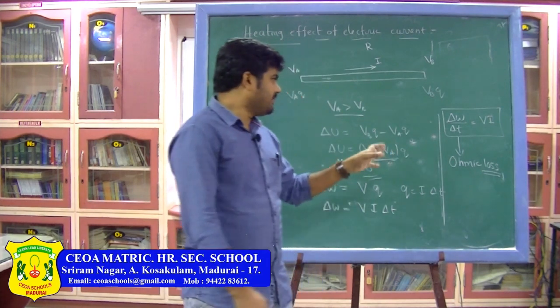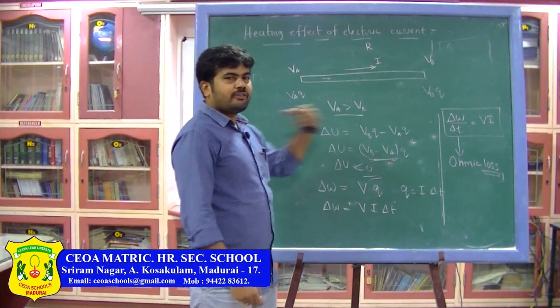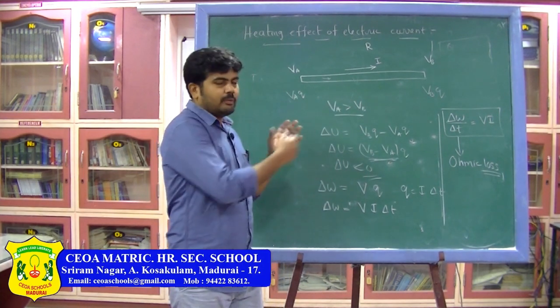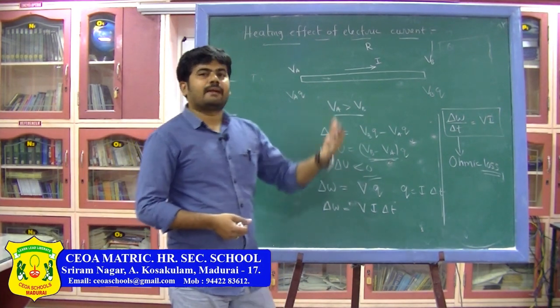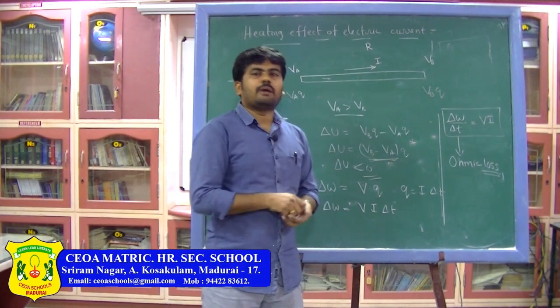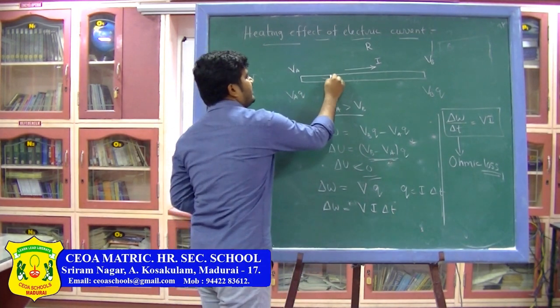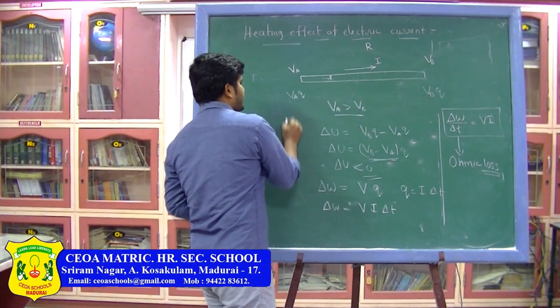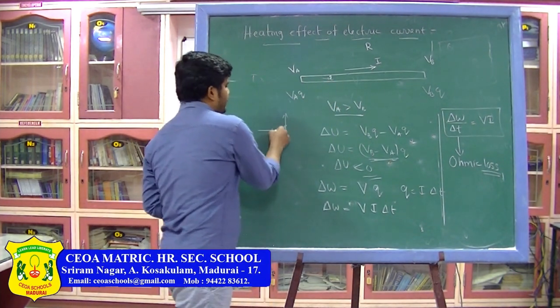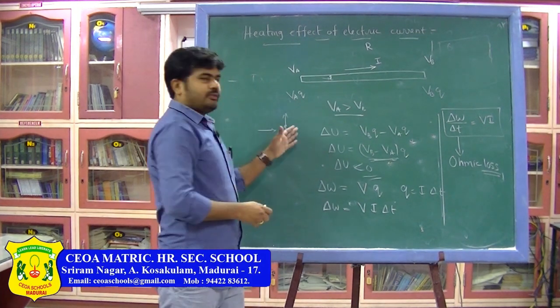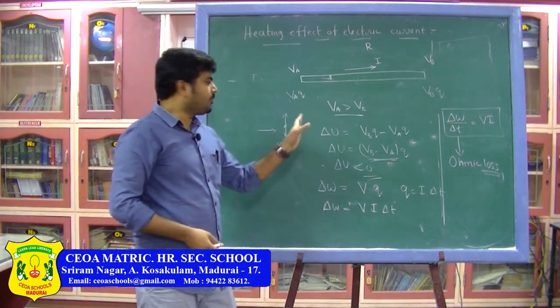So this is what happens exactly. The collisions between atoms and electrons transfer energy from electron to atom, so that atoms vibrate very vigorously, with high frequency, about their mean positions. The electron motion will not be allowed to pass further through the conductor, so their motion is opposed by the atoms.